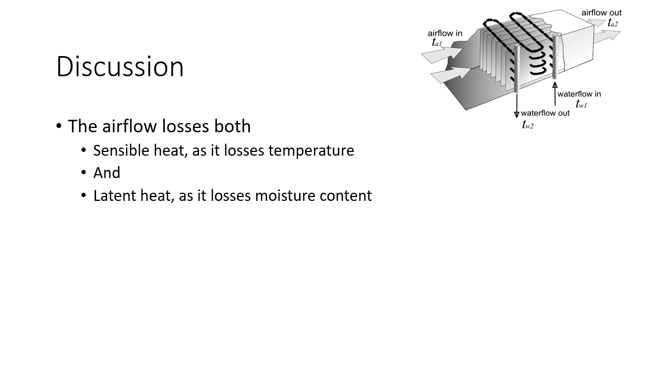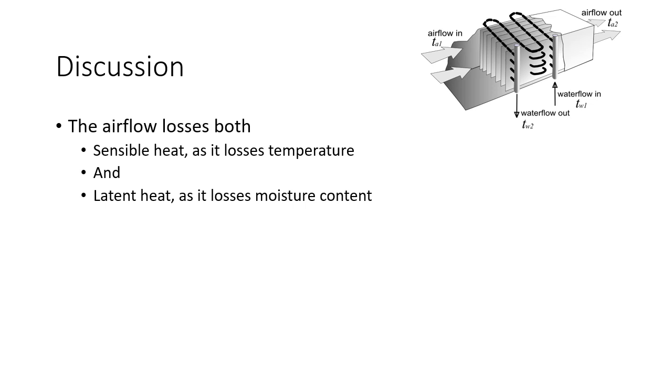Now let's look closer. The air loses both sensible heat and latent heat. Sensible heat is lost as temperature drops. So TAO, which is 28 degrees, going over here becomes 14.2. So there is a sensible heat loss, and it can be seen as a temperature drop. Now also, there is a latent heat loss, which can be seen as moisture lost.